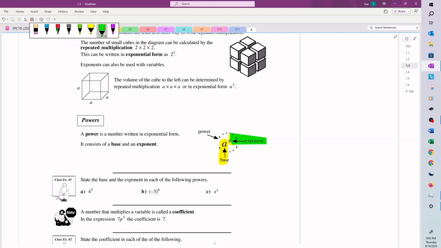So this is the exponent, 6 is the exponent, and y is the exponent. And then the base, 4.